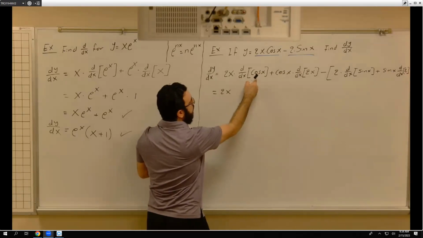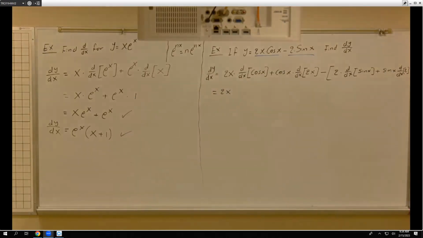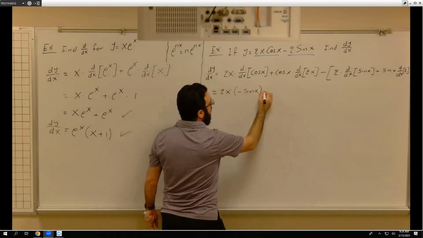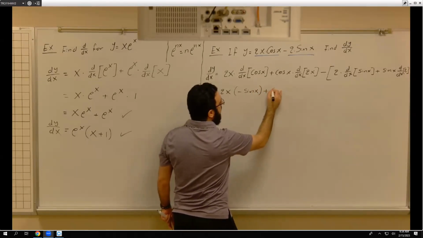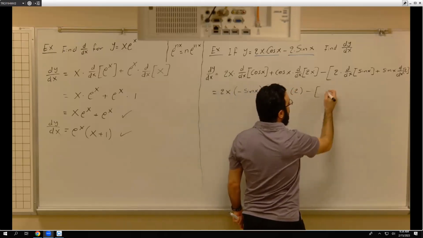What's the derivative for the cosine x? Negative sine x. So the derivative for the cosine is going to be negative sine x, plus cosine x. The derivative for 2x is 2. There is the minus 2.